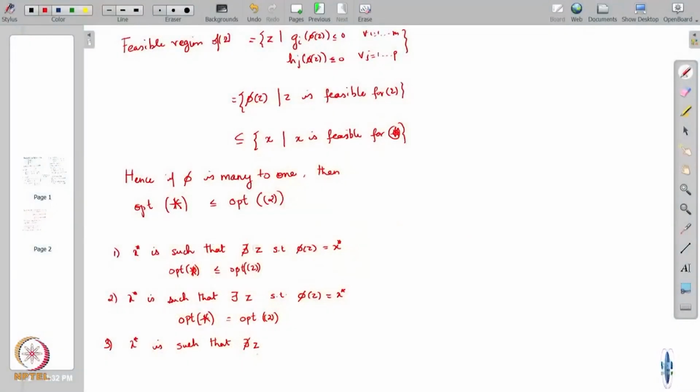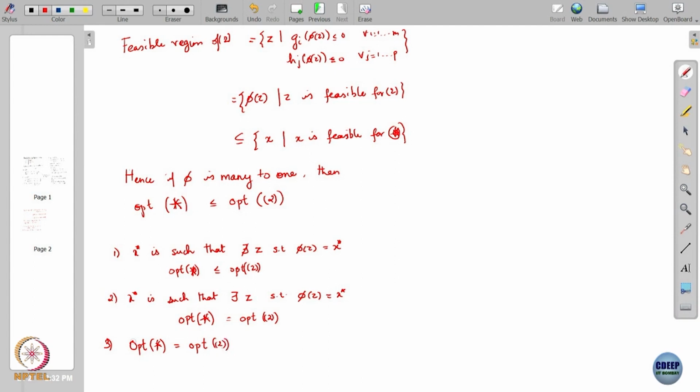I will explain what this is before I write this in the form of an equation. Okay. So, let me write it this way. Third case is that you can have that this is equal to this.